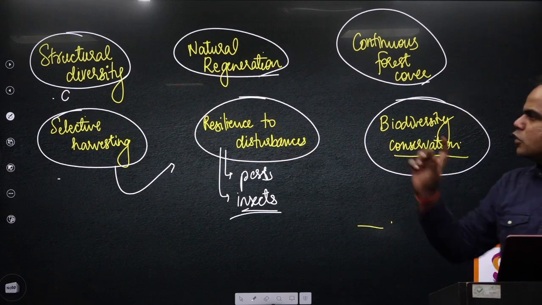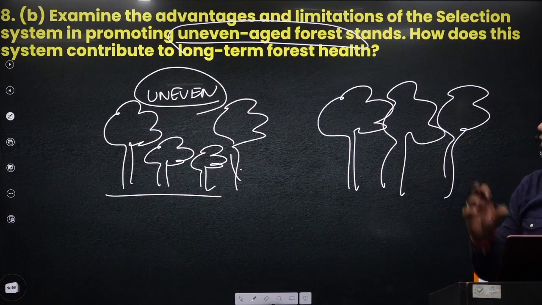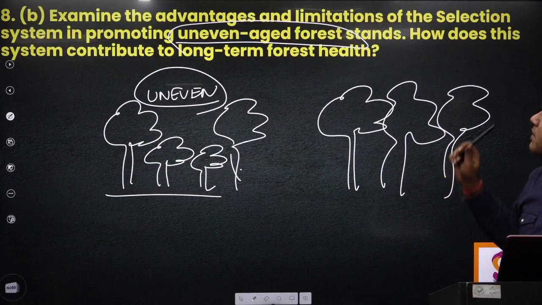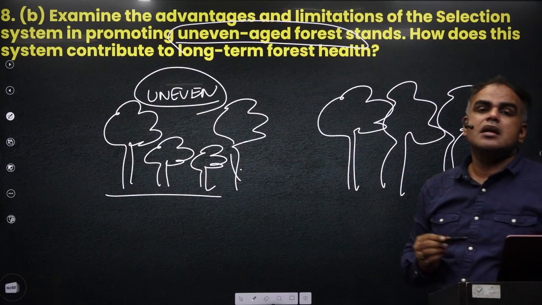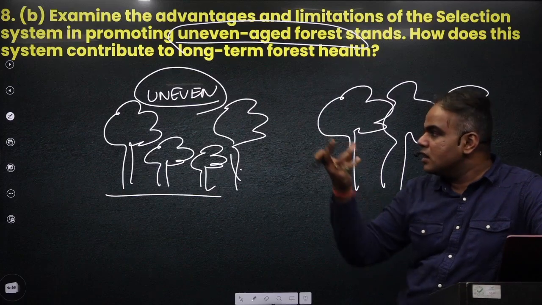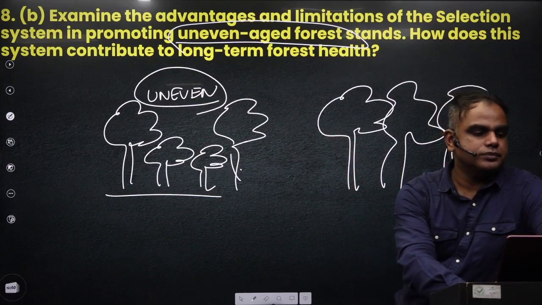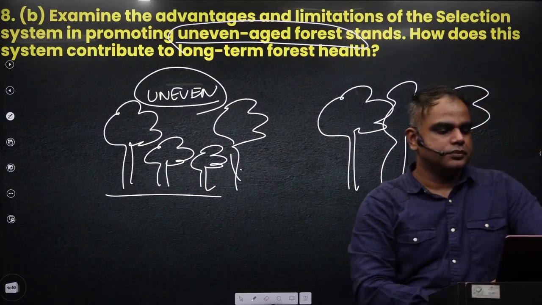But the moment you see it is a selection based system, there will be a lot of challenges. The one major challenge is skill. It requires a considerable amount of skill. Second, this is more costly in nature, more maintenance, more weeding, more tending operations are required. So one is that it is very complex.